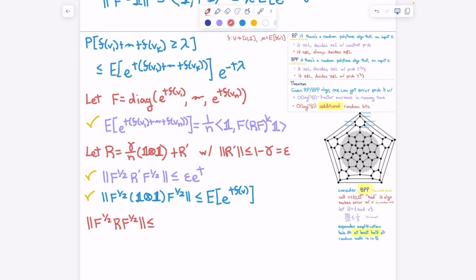Okay, so now we put everything together, right? That n is going to annihilate with this n, so let me put this n back in here.